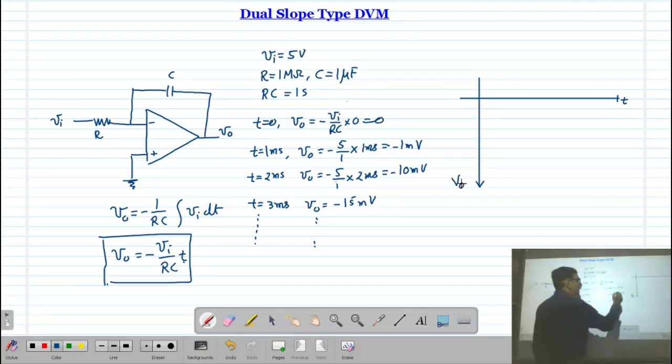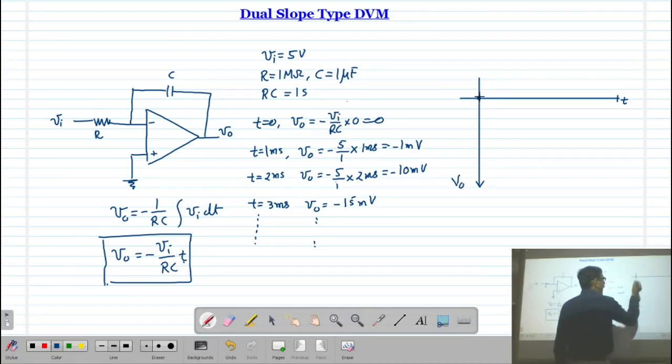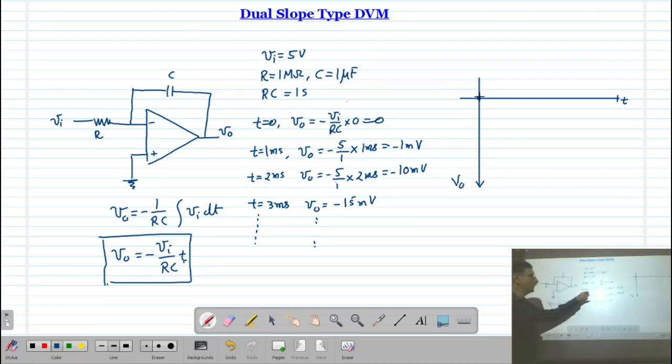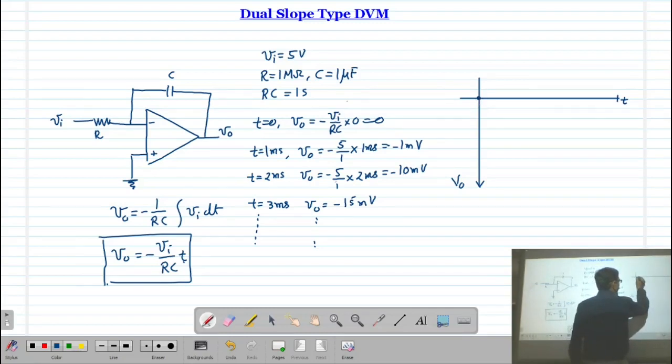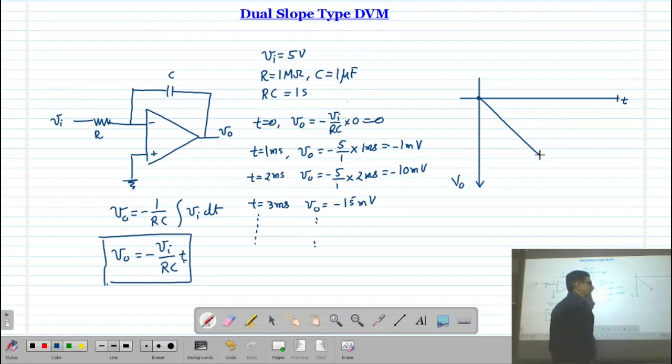If T is equal to 0, the output voltage is 0. Then T equal to 1 millisecond, the output voltage is minus 1 millivolt. Then for 2, it is minus 10 millivolt. So if you plot this graph, it will look like this.